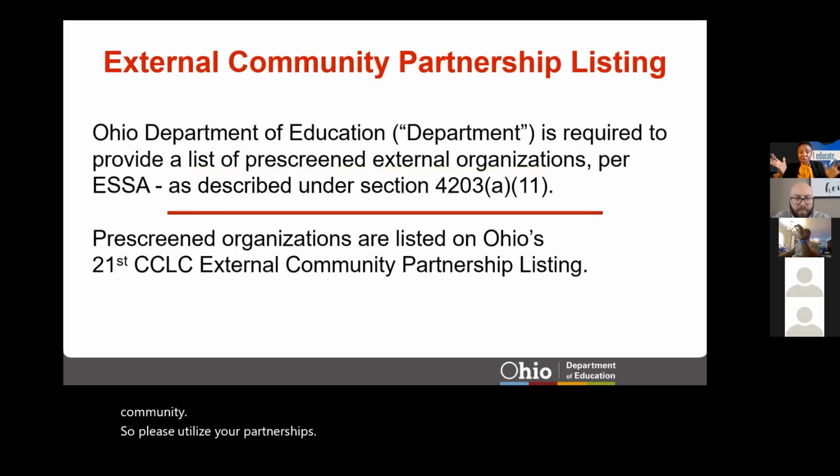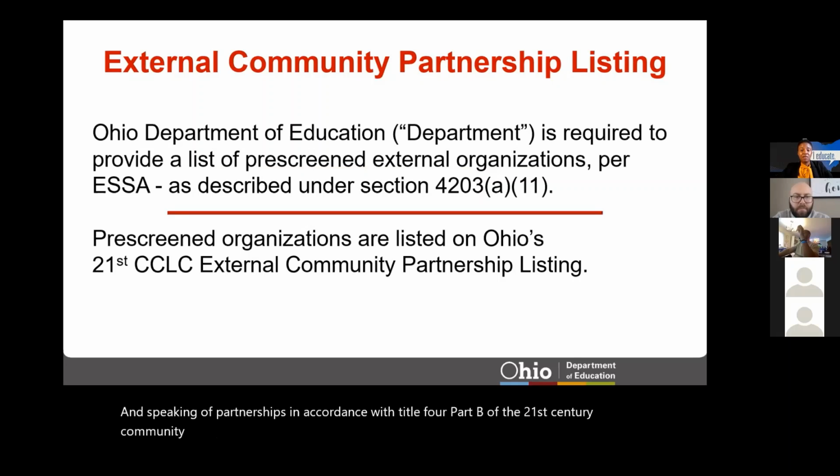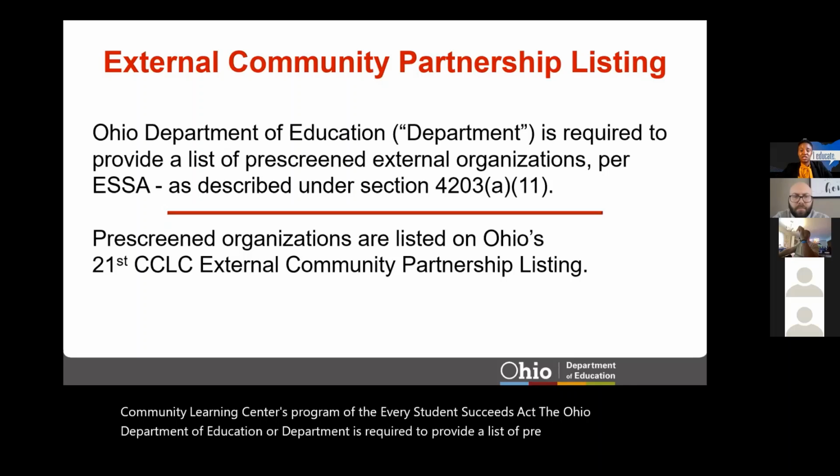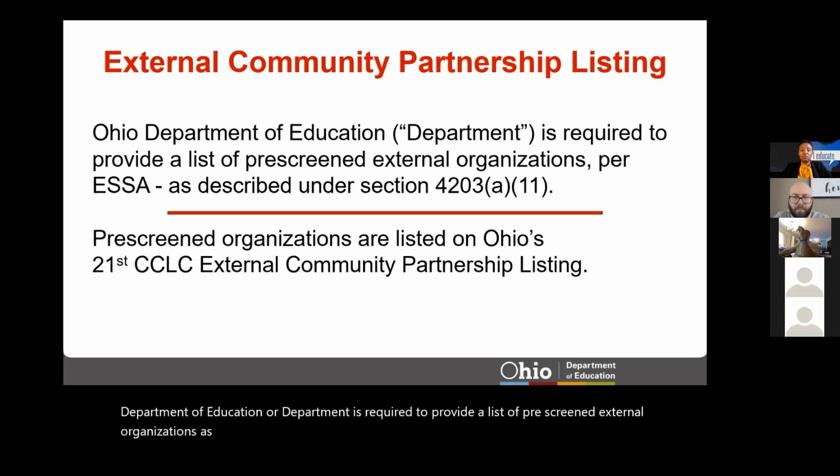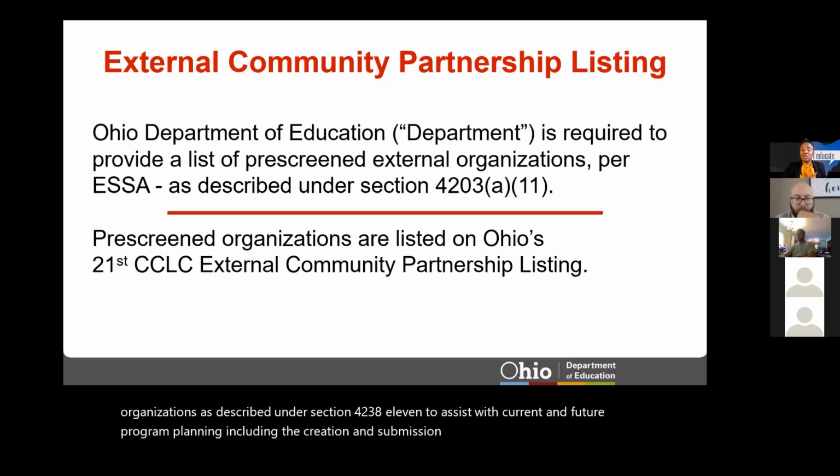And speaking of partnerships, in accordance with Title IV, Part B of the 21st Century Community Learning Centers program of the Every Student Succeeds Act, the Ohio Department of Education, or department, is required to provide a list of pre-screened external organizations as described under Section 4023A11, to assist with current and future program planning, including the creation and submission of your FY23 continuation plans.